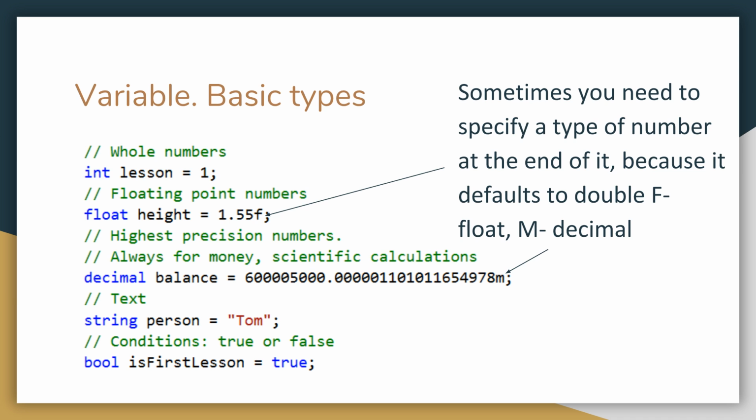We use string to store text, and we use bool to store logical variables, conditions, values which are binary, in other words, which could have two values, true or false.